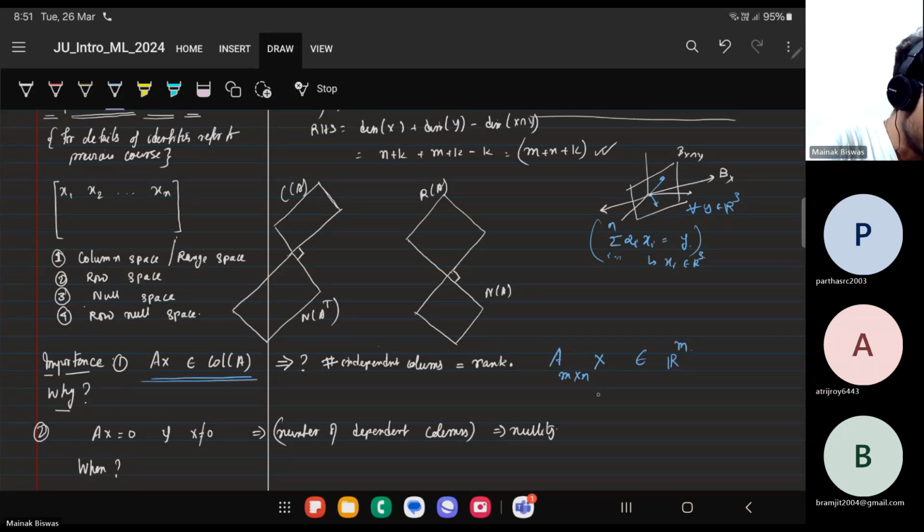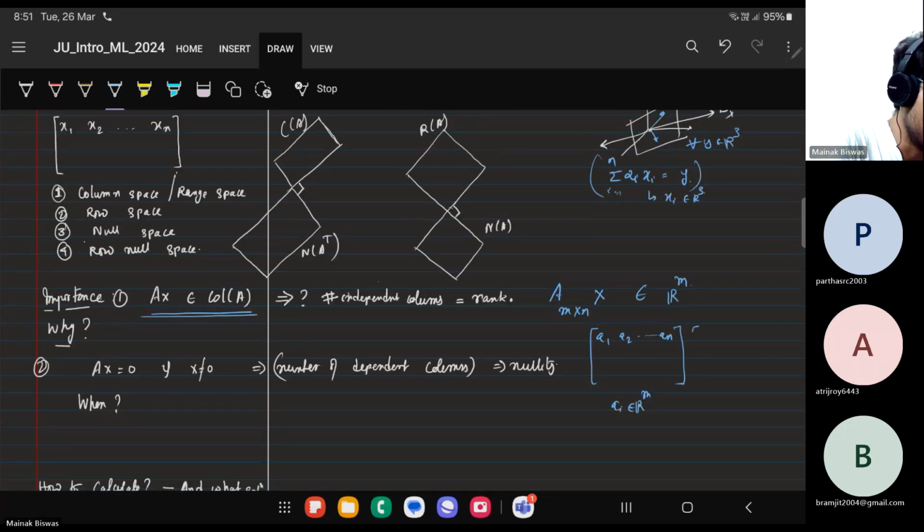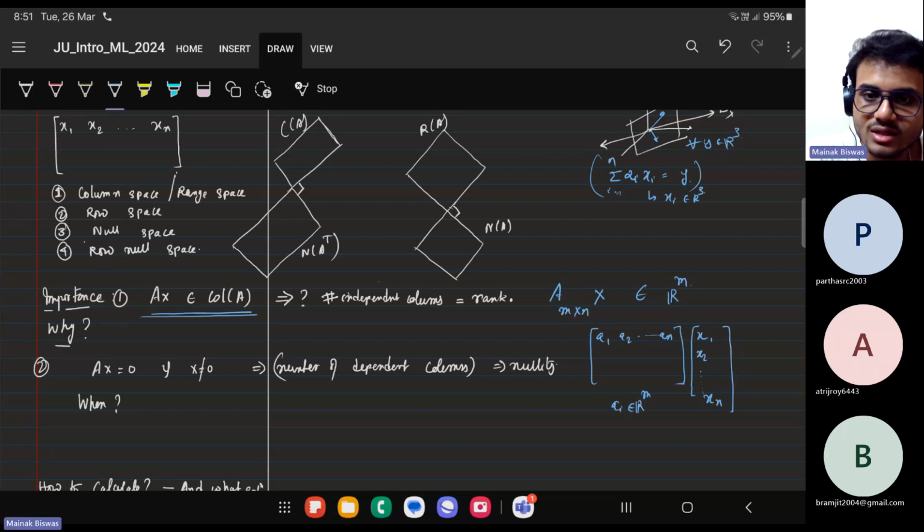Yes. So we had seen last time A1 to An. If Ai's are Rm vectors, what has to be the dimension of x? How many numbers should be in x? And how did we find it out? There should be n numbers, for a conformable multiplication. And why was it n numbers?